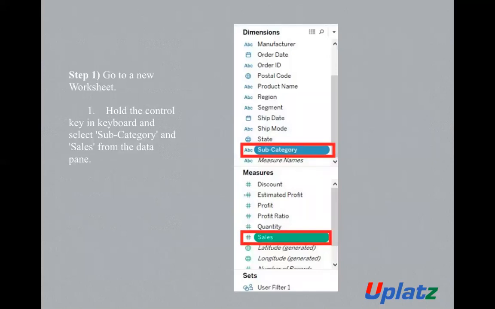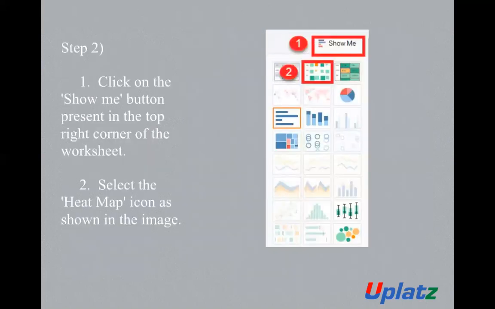So another way of creating graphs is, instead of manually dragging and dropping in the row shelf and the column shelf, you can just select your dimensions and your measures. You have to hold on to the control key on your keyboard, select the measures and dimensions, and then click on the Show Me button.